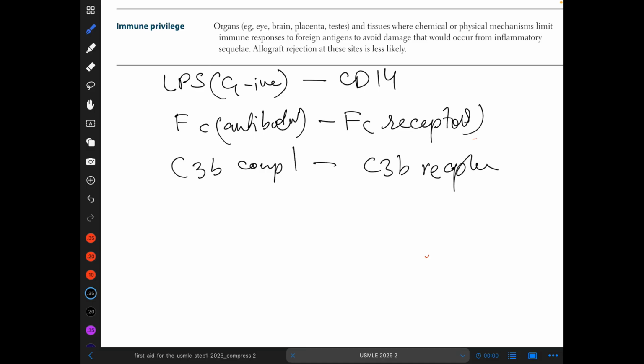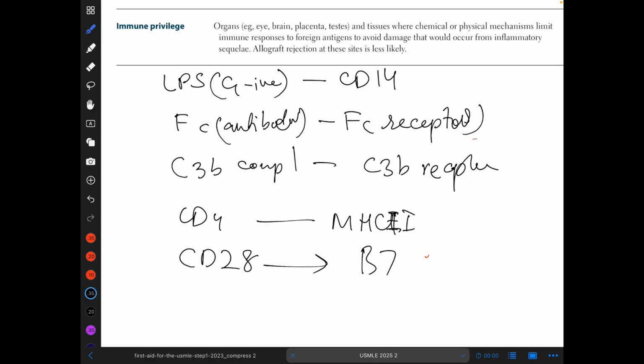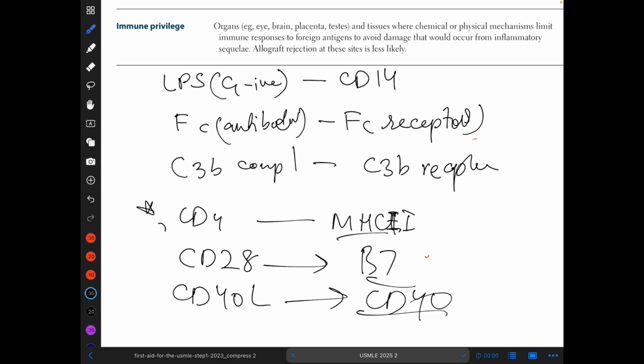There are some T cell molecules: CD4 attaches to MHC class 2, and CD28 attaches to B7. CD40 ligand attaches to CD40 present on macrophages. That is so important. For upcoming topics, remember that CD4 attaches to MHC class 2, CD28 to B7, and CD40 ligand to CD40.